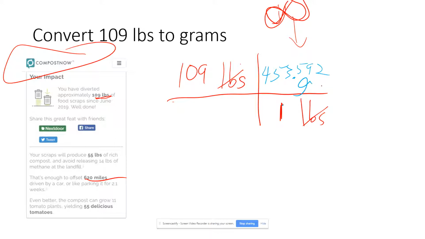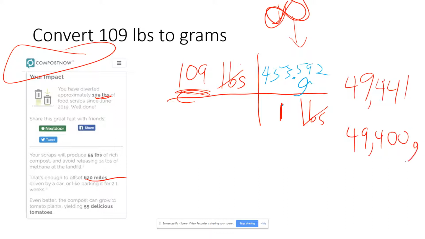Because it's a conversion. So you're going to use this as your significant digit thing. So we only want 3. So the answer would be 49,441 is what the calculator said, and we're going to 3 significant digits. That would be this number. That should all be green because I went to grams, but you get the point.